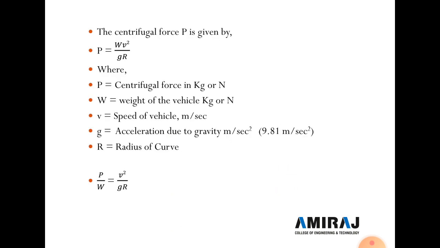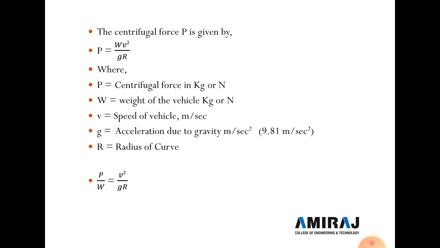Now when any vehicle turns to the left or right in a curve, the centrifugal force is given by P is equal to W V square divided by GR. What is P? P is the centrifugal force in kg or Newton.